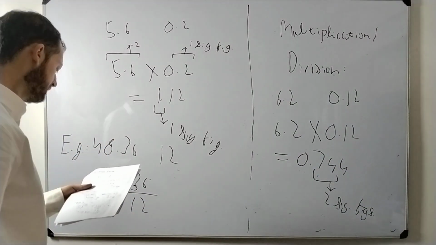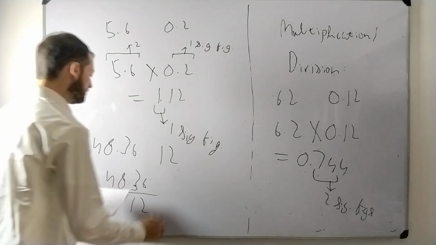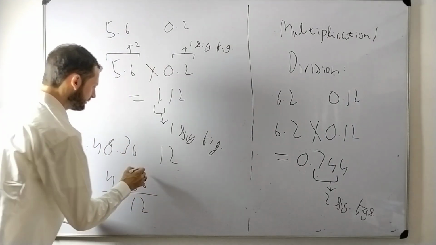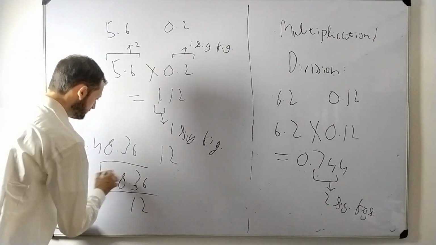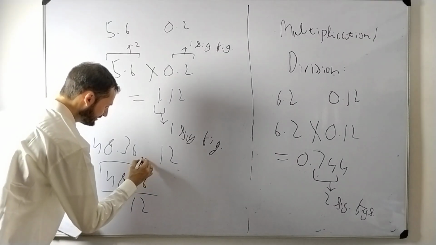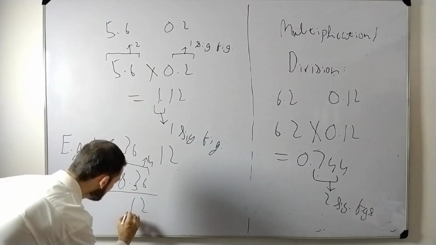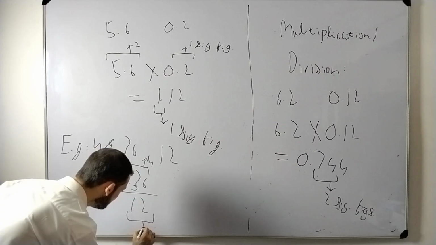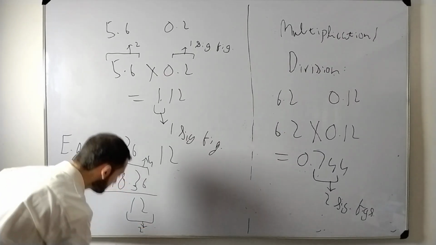So you are dividing the numbers. What are the significant figures here, students? So 4. You should not actually ask now. 12, 2 significant figures.